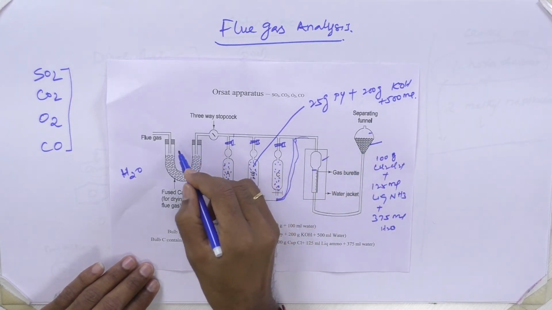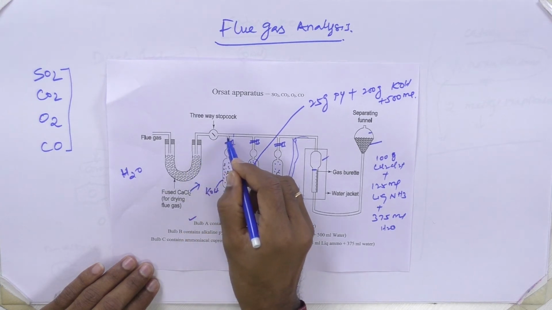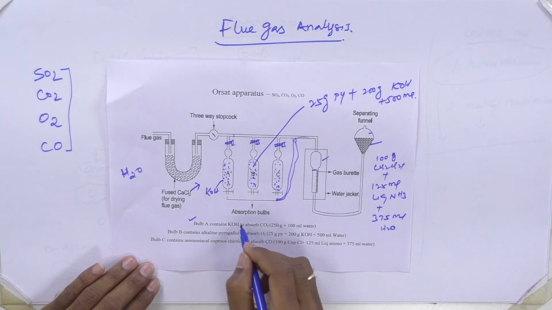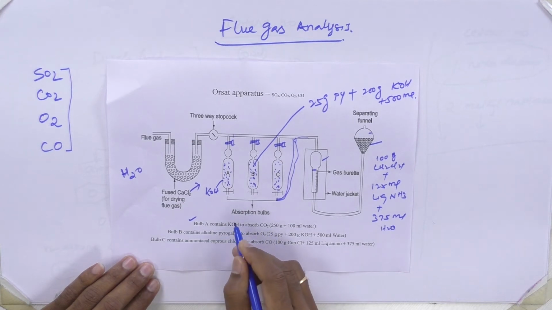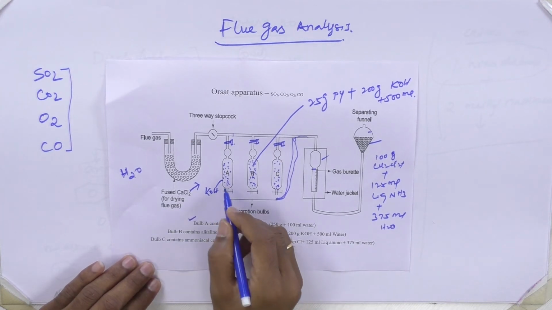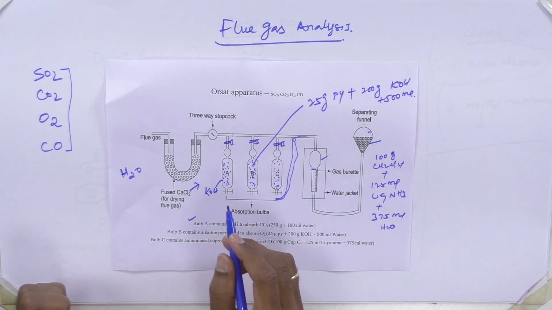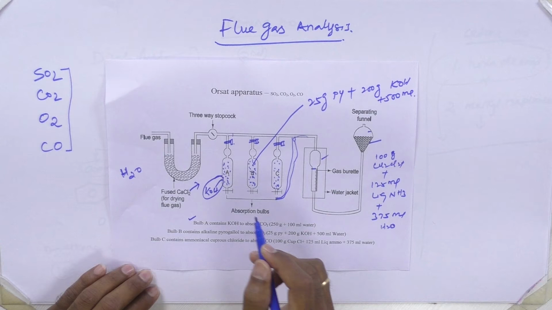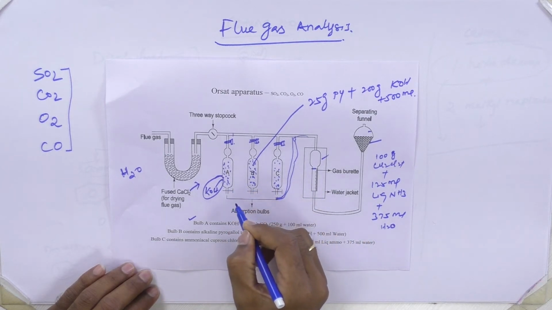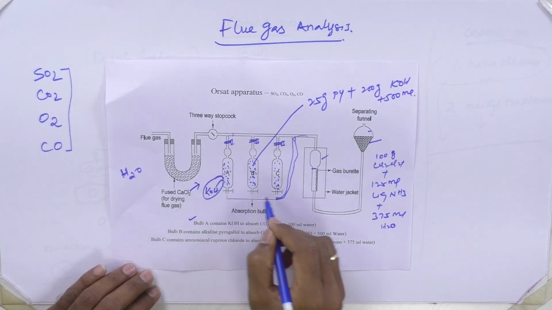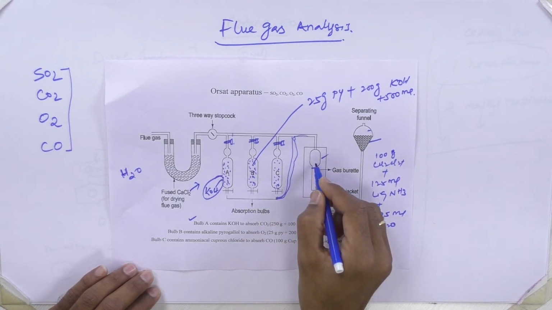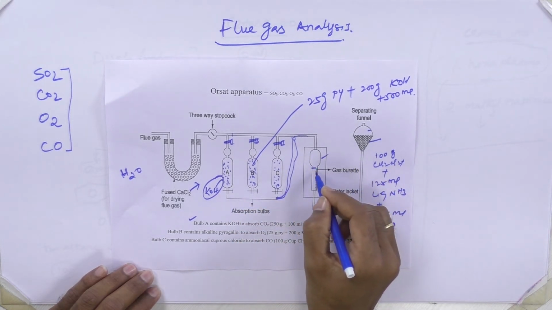Then the water-free flue gas is allowed to pass through bulb A. The potassium hydroxide will try to absorb all the CO2 molecules. All the CO2 in the flue gas will be absorbed by column A, and with respect to the volume of carbon dioxide, the change will take place in the burette.